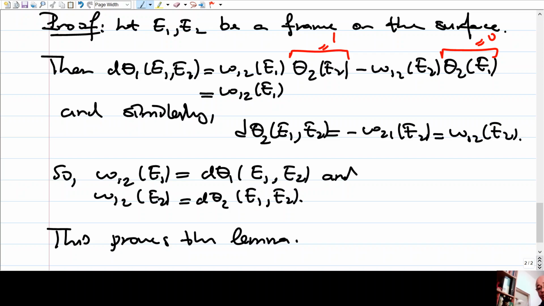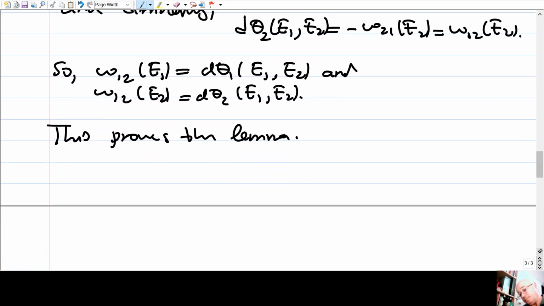Therefore, it is equal to this form, because two one forms are equal to each other if they agree on basis vectors. And here we see that the values of the connection one form on the basis vectors are given like this. Okay, so they determine the one form uniquely.